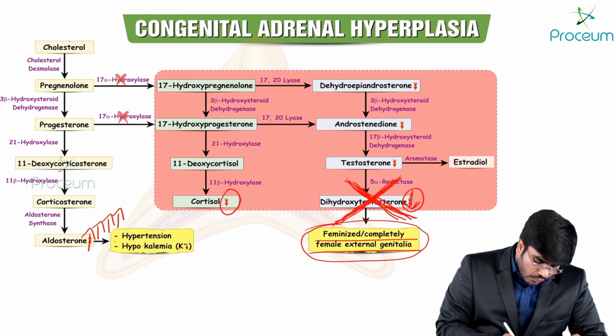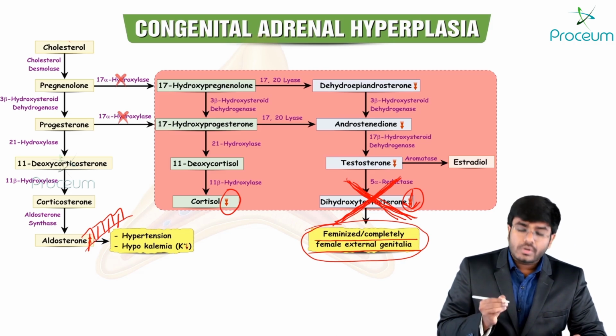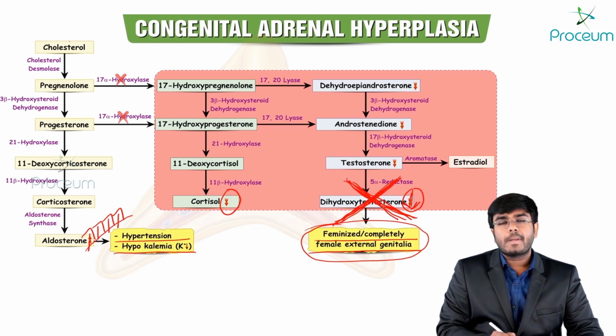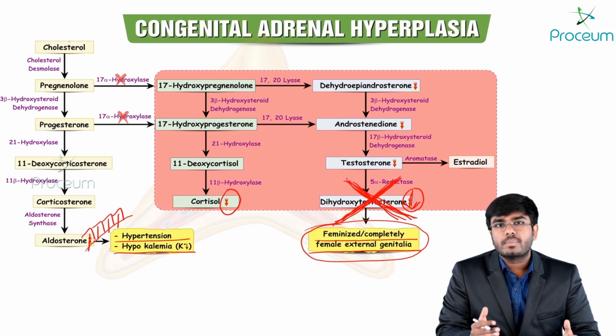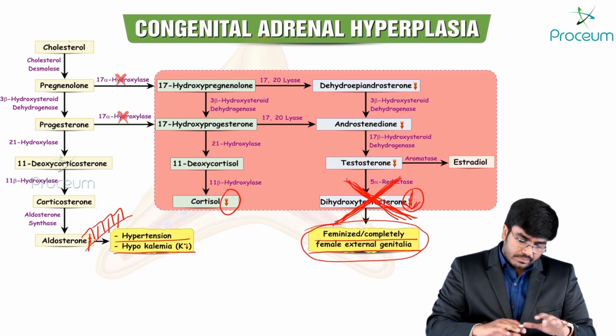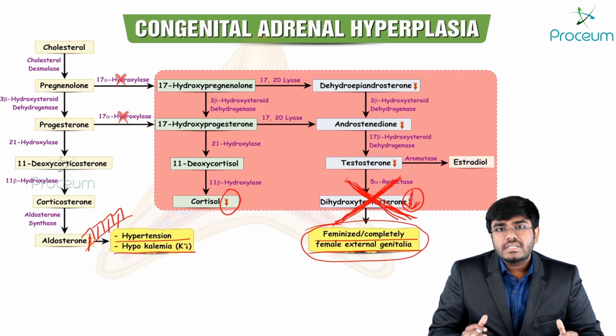Even in this form, because of the increased aldosterone, there will be hypertension and hypokalemia. Aldosterone will kick out the potassium from the body, that causes hypokalemia. So this is all about congenital adrenal hyperplasia.